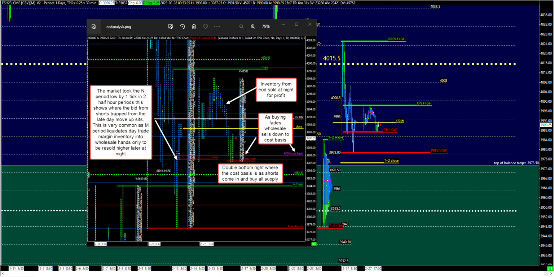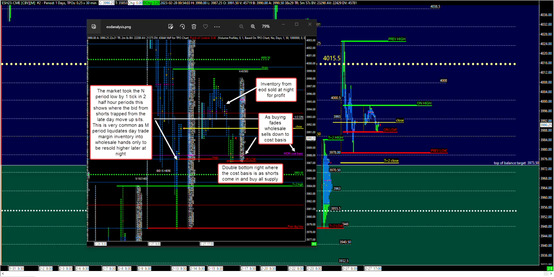And when they get rid of that, that all just sells off into wholesale market maker and large traders who act as market makers' hands. Then what happens is in the overnight, that inventory is taken and sold at higher prices, until they run out of buyers, and then they sell the market all the way back down to their cost basis.